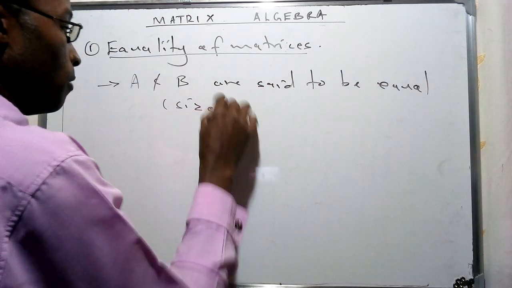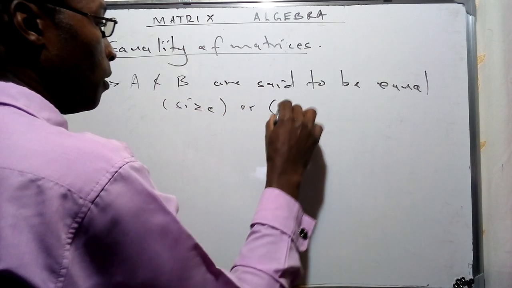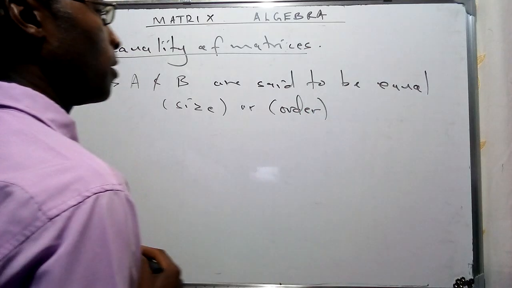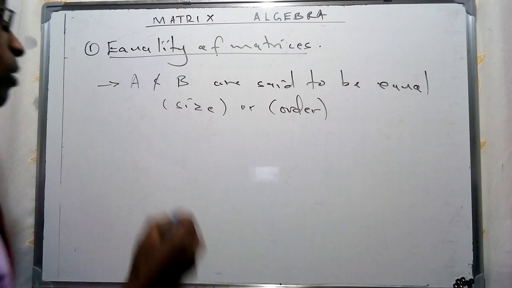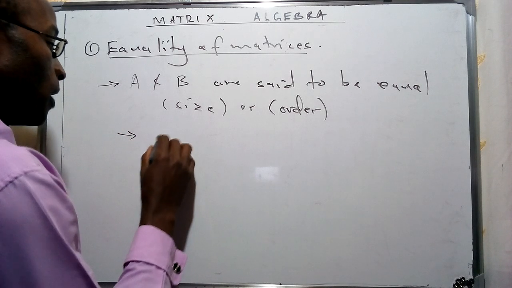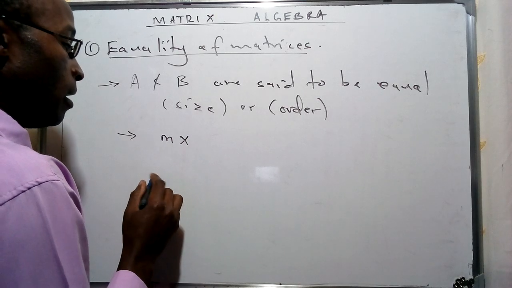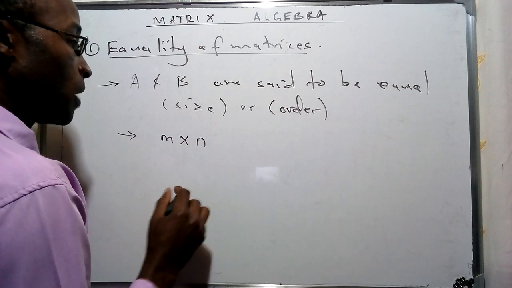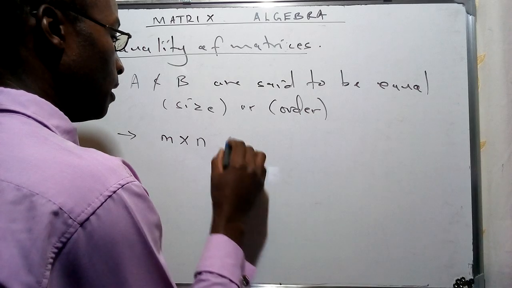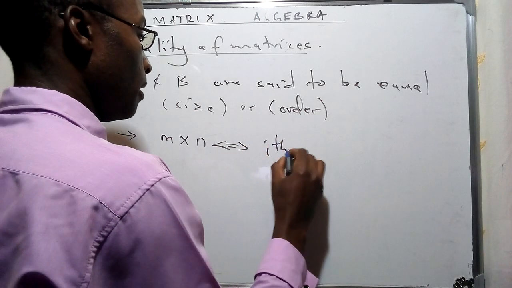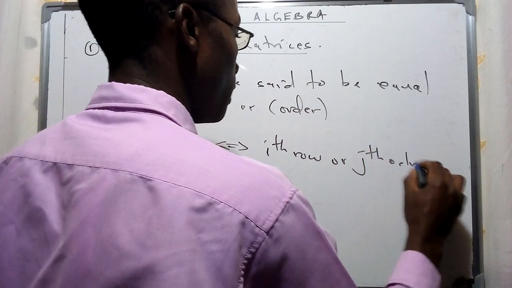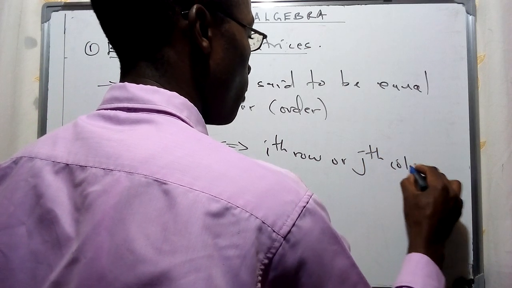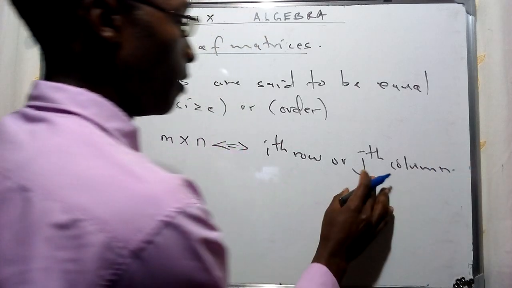I'm just going to give these in summary form so that we can conserve space. A and B are going to be equal matrices if they are of the same order. And we had said that we can give the order of the matrix in terms of the mth row and nth column. These are represented as an ith row or a jth column. So in any case, if we mention the column, we're just going to use the designation j, and i for a row.